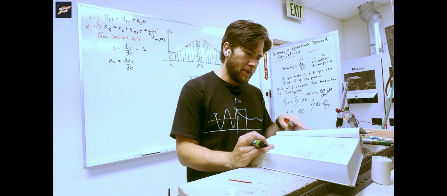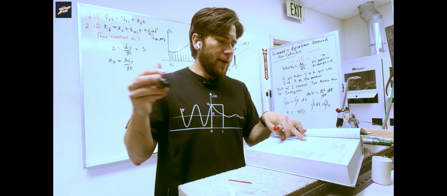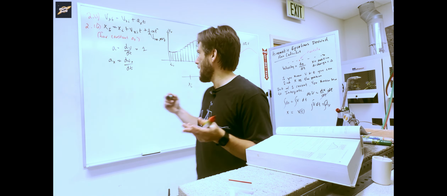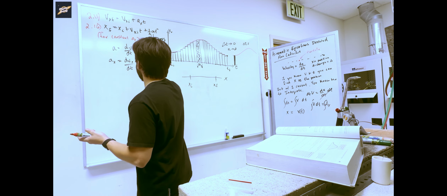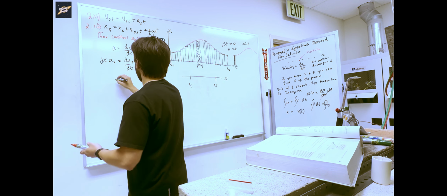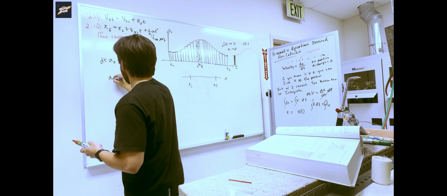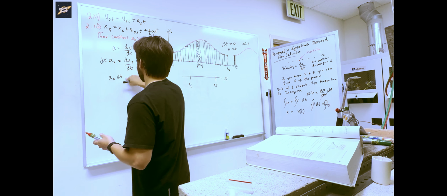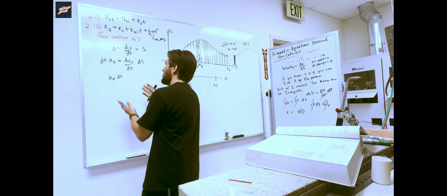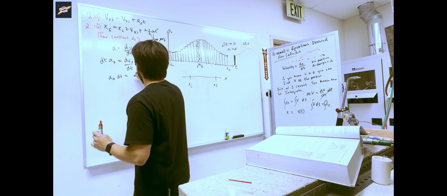And so it says, with some manipulation, this can be written as, you can just multiply both sides by dt, and you get a_x dt. I just always like putting the dt at the end. It just makes it easier when you go to do other things with this equation.